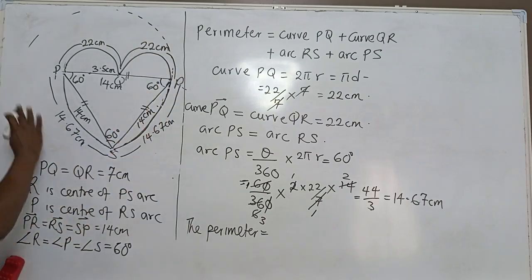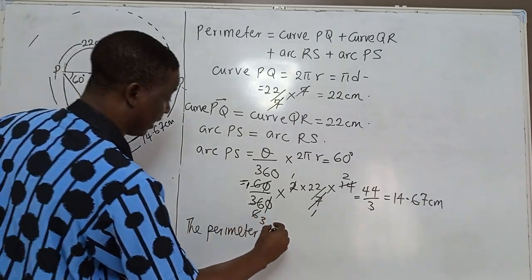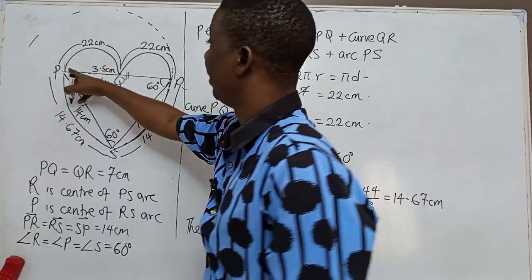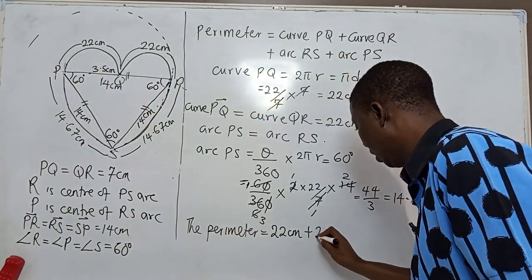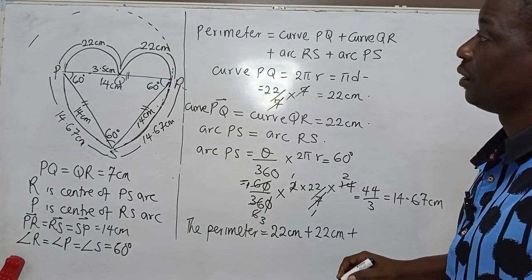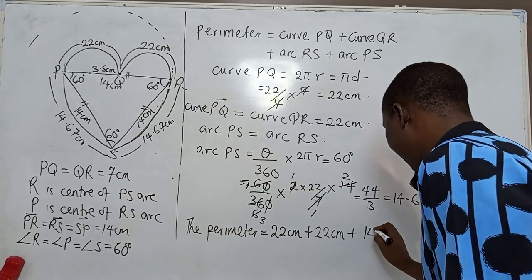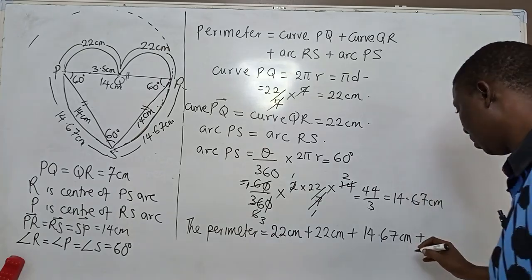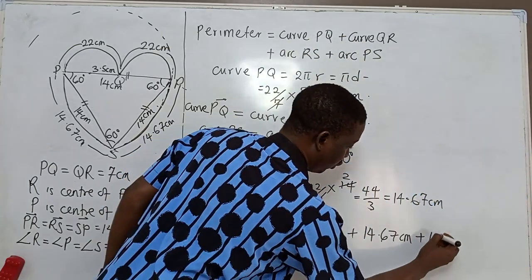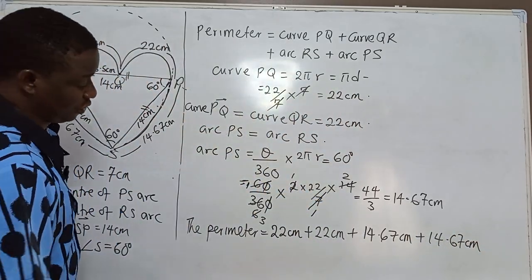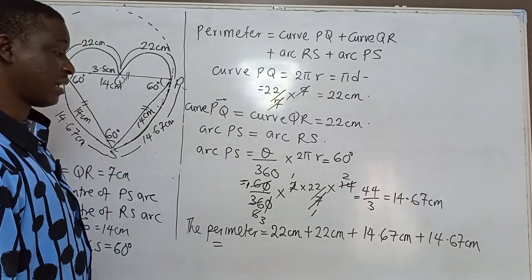So the perimeter is the total length of the shape, so we'll add them together. 22 centimeters plus 22 centimeters plus 14.67 centimeters plus 14.67 centimeters. We just add them together and we'll get our final answer.